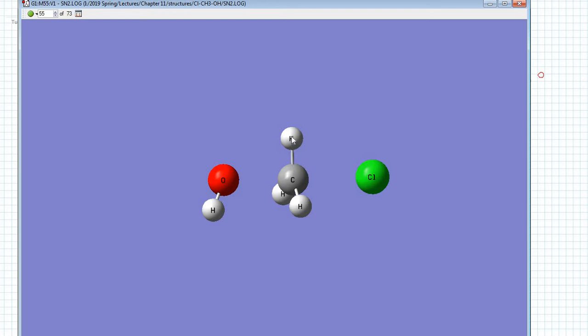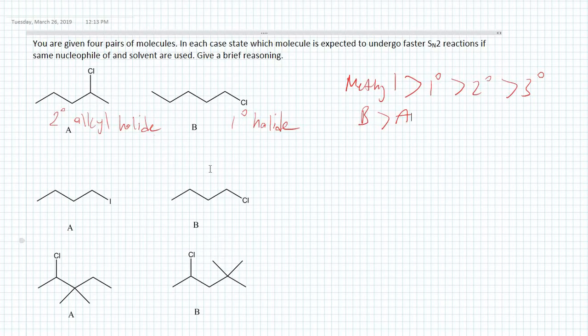But if you replace hydrogens with alkyl groups like methyl or ethyl, we will have bulkier substrates, and the reaction will be slower because the nucleophile will not be able to attack easily.